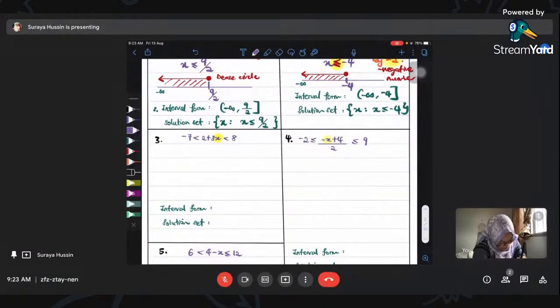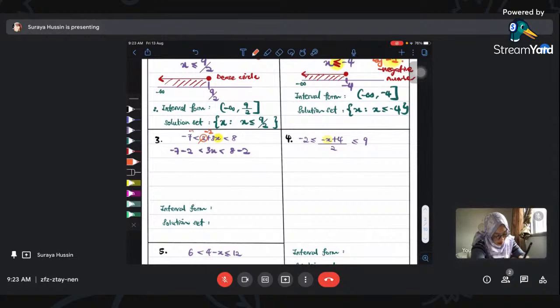Alright? So now your focus is 3x. You nak jadikan 3x sebagai subjek. Therefore, you tolakkan both side dengan 2. You tolak 2 sebab you nak hilangkan 2 dekat sini.